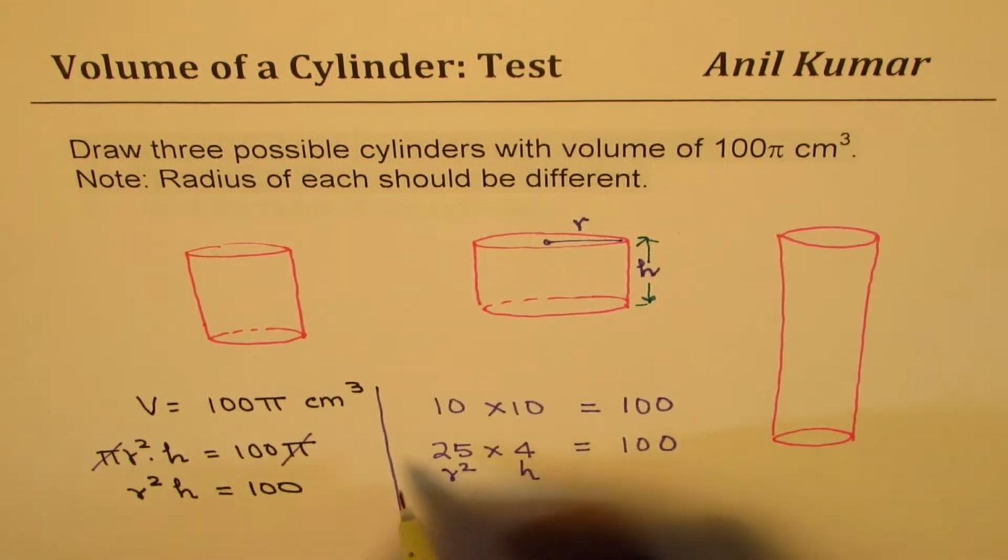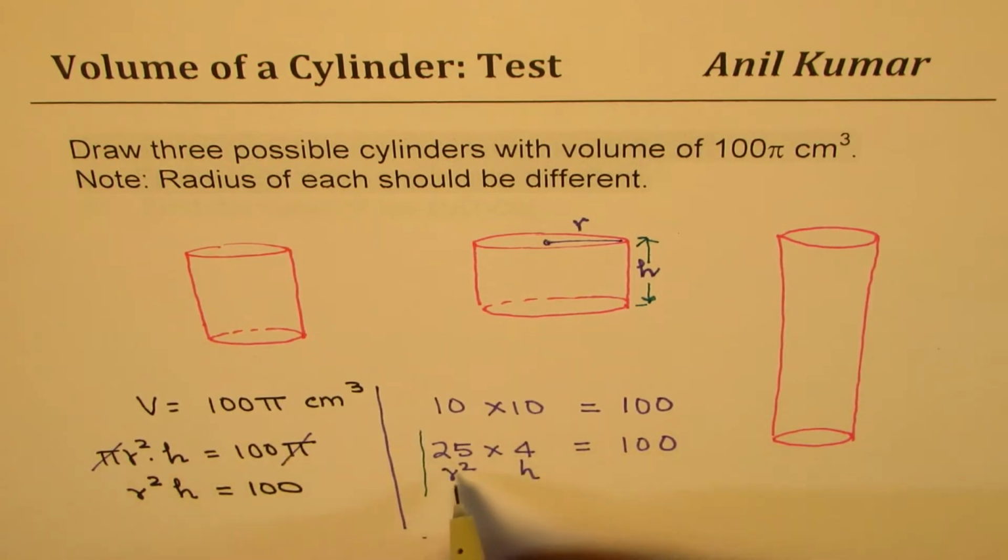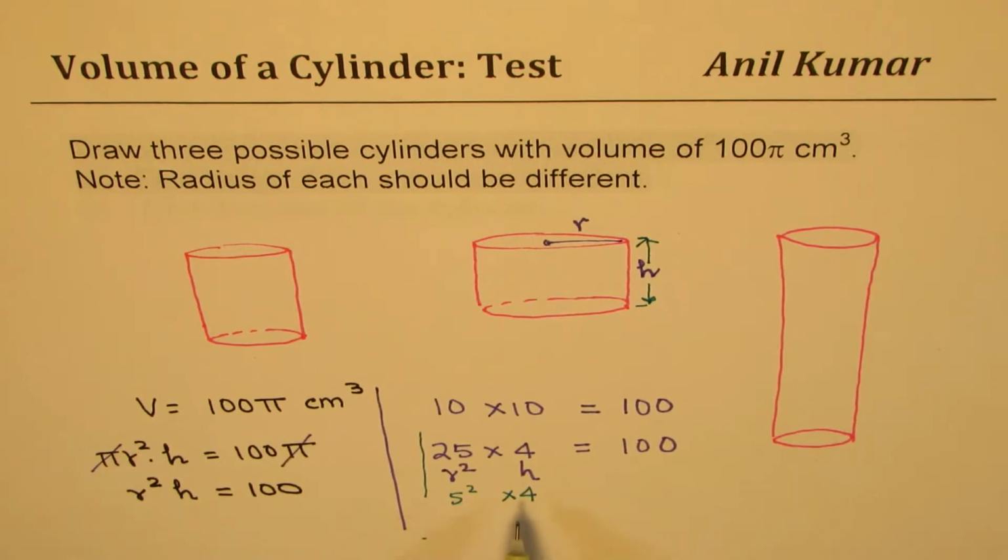Now I'll show you this part. This is very interesting. So if it is radius square, that means we are talking about 5 square times 4. Do you see that? So we can say that 5 is my radius and 4 is my height.